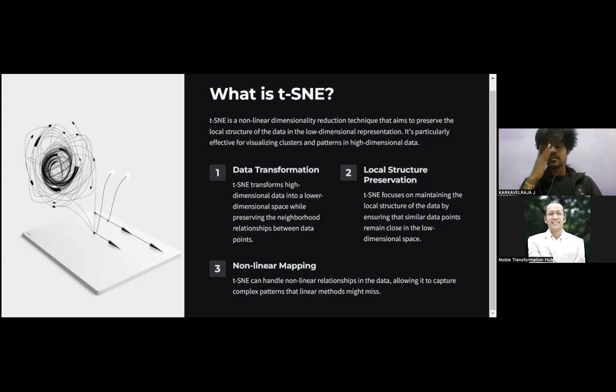Local structure preservation: tSNE focuses on maintaining the local structure of the data while ensuring the similar data points remain close in the low dimensional space. In clusters there will be similarity among the data points in one particular cluster, so it will maintain the local structure.